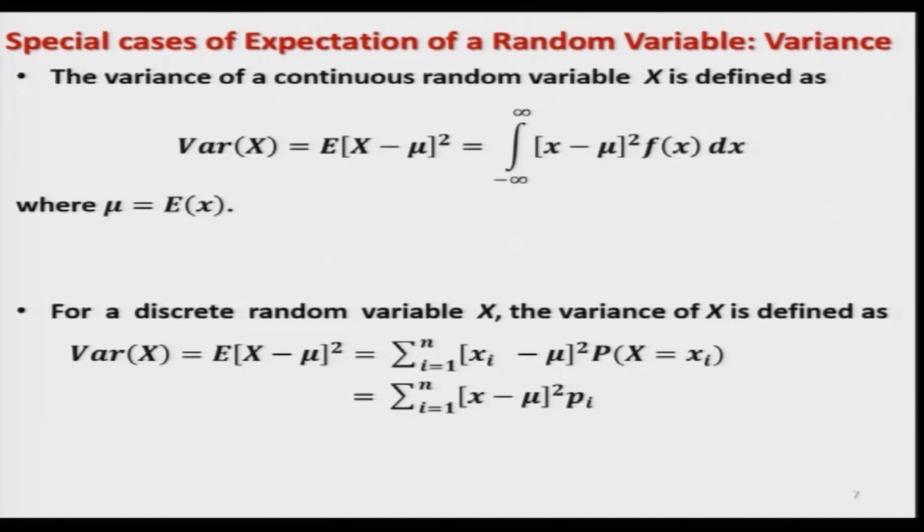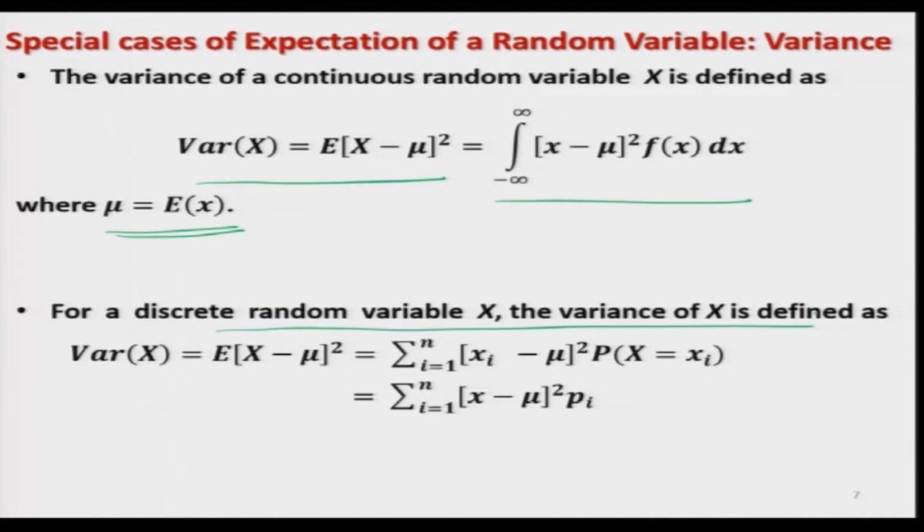If x is a continuous random variable, then the variance of x is defined as the expected value of (x minus mu) whole square, where mu is the expected value of x, that is the mean. So that is simply the integral from minus infinity to infinity of (x minus mu) whole square f(x) dx. And if x is a discrete random variable, no issue, the basic definition remains the same.